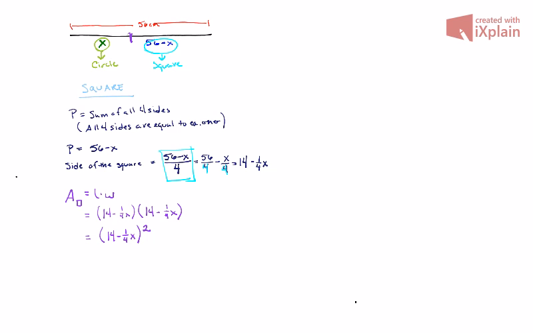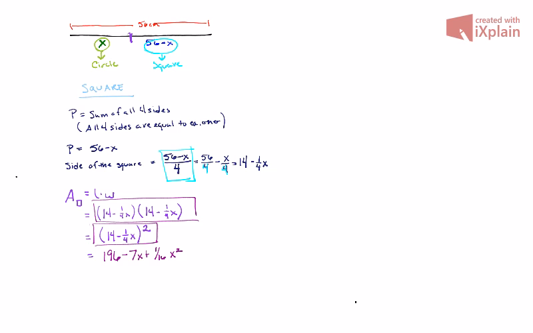So far, so good? Okay. If you actually want to FOIL this out, whether working with this representation or this representation, and feel free to double check my work, we get 196 minus 7x plus 1/16 x squared.